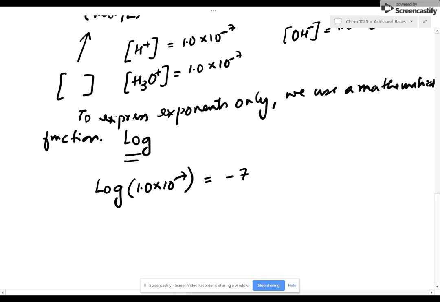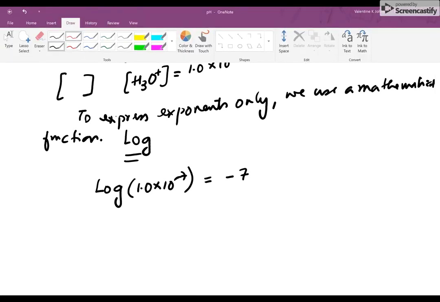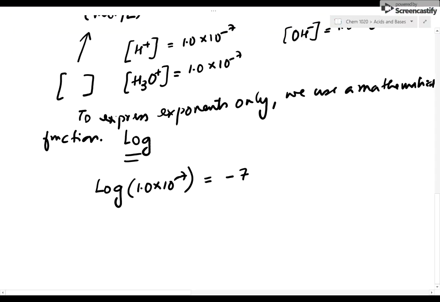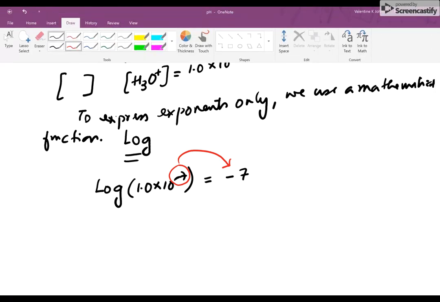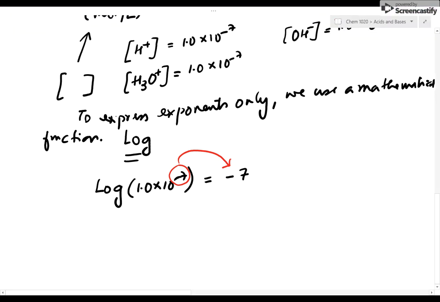So that negative 7, that exponent, is what ends up being your answer, okay? And since we don't really like negative numbers, you can just put a negative sign before the log, and then your answer gets changed to a positive 7, okay? So the negative log of 1 times 10 to the negative 7 is positive 7.